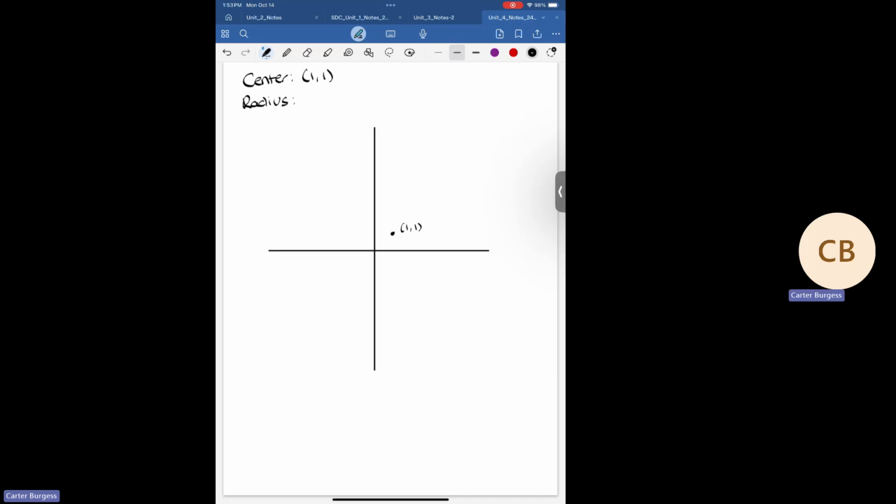Why not? We'll say that the radius of this circle is 3. I've made my drawing task a little bit harder than before, but yeah, we can cheat kinda. Cool.